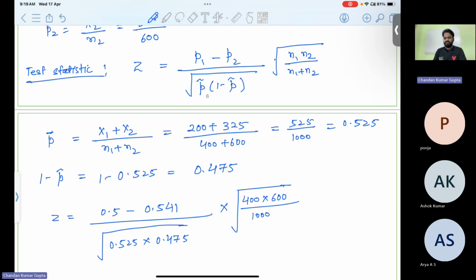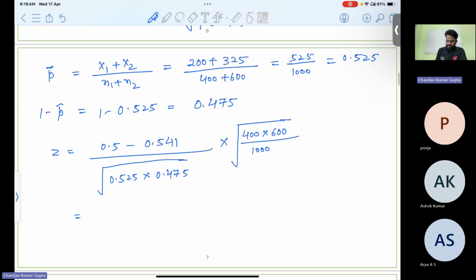Okay, so just a calculation, nothing else. And here you see it is minus 0.041 upon this quantity, which after solving we will get like 0.4993. And here the 30 will cancel out, leaving 240. So under root 240, which comes out to be around 15.49.